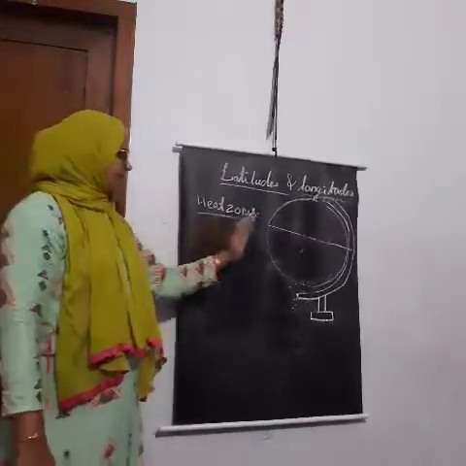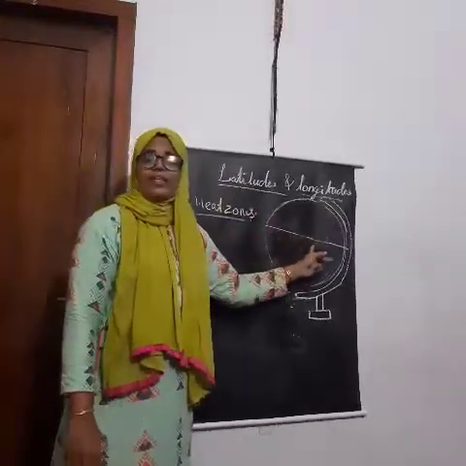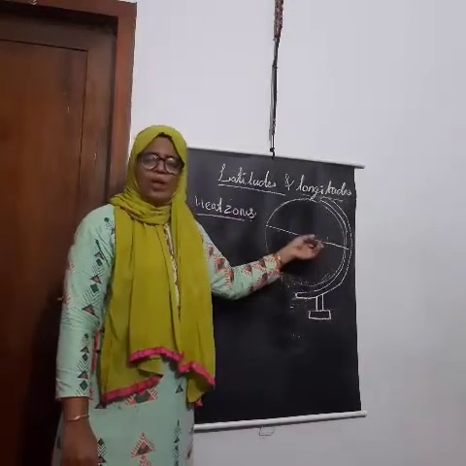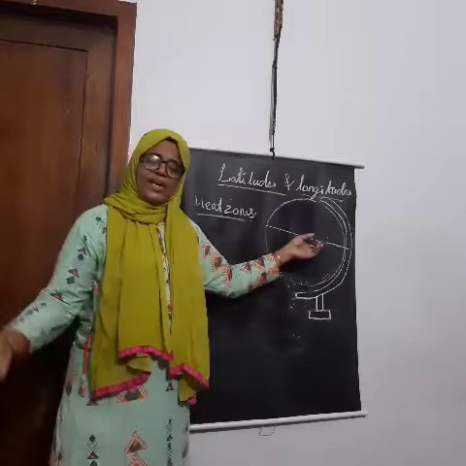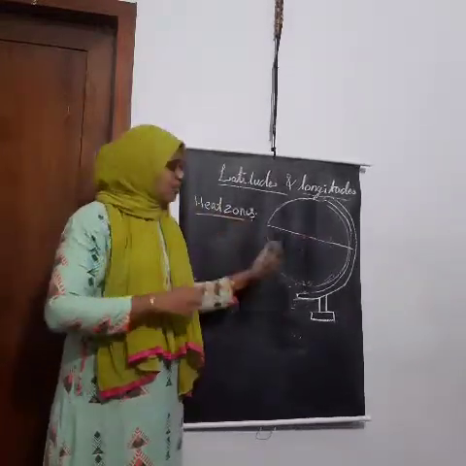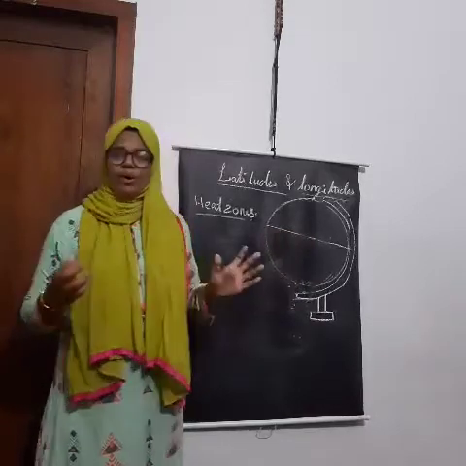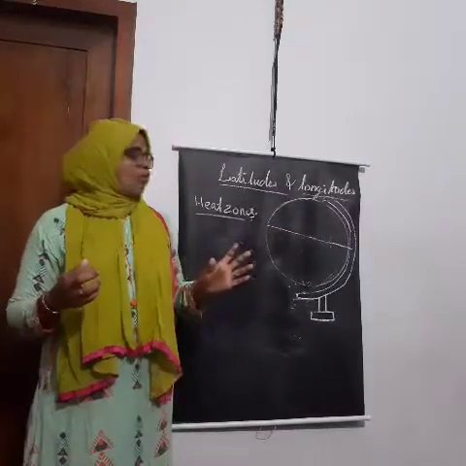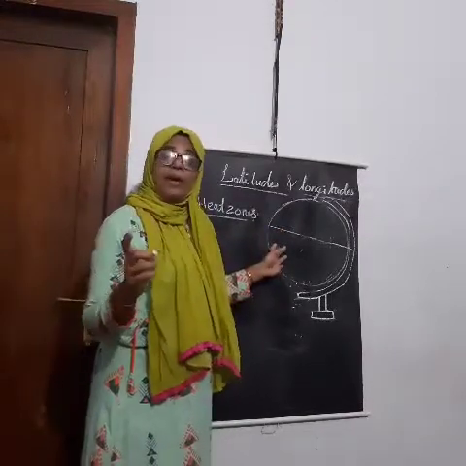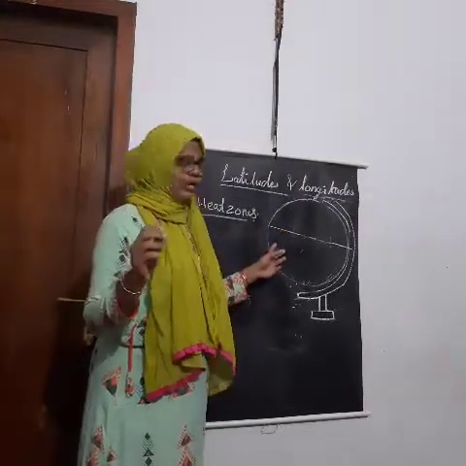We know that this equator with 0 degree parallel of latitude is situated on the central part of the earth, so sunlight can easily reach here. So this area will be so hot. Around this equator there will be unbearable heat.